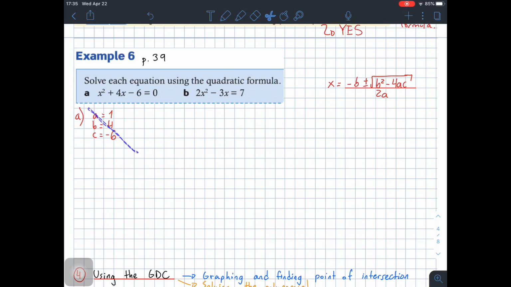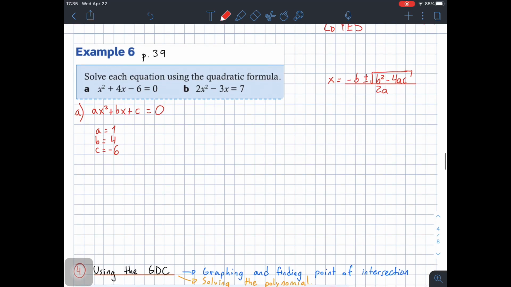Remember, and I will write that here. We take those values from this general form, which is ax squared plus bx plus c equals 0, right? So that's why a is 1, b is 4, c is negative 6.